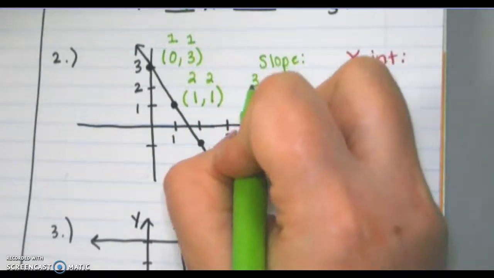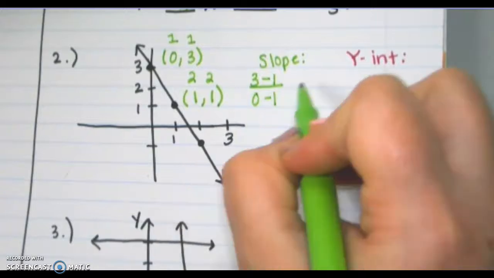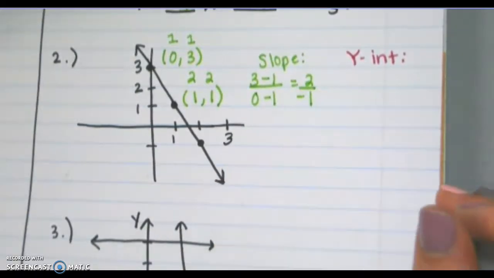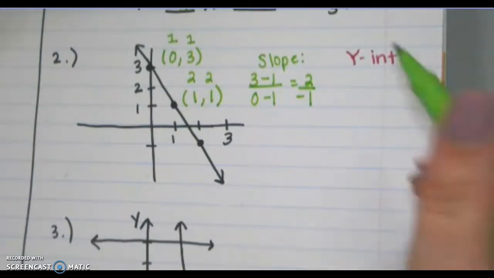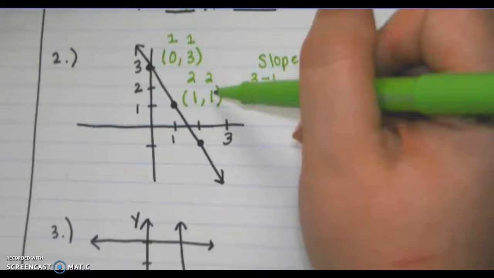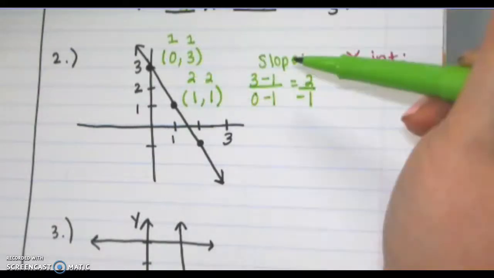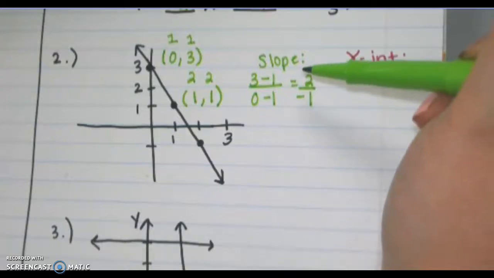Remember, we can do 3 minus 1 over 0 minus 1 and get 2 over negative 1. So remember, you can do y minus y over x minus x. You could think about, well, how do I get from 3 to 1? How do I get from 0 to 1? It might give you a different place for the negative, but ultimately your answer is going to be the same.